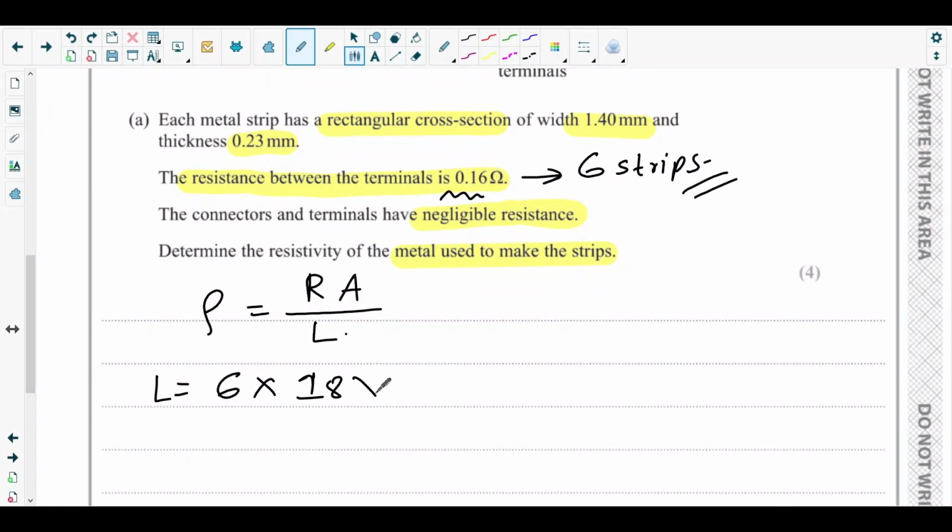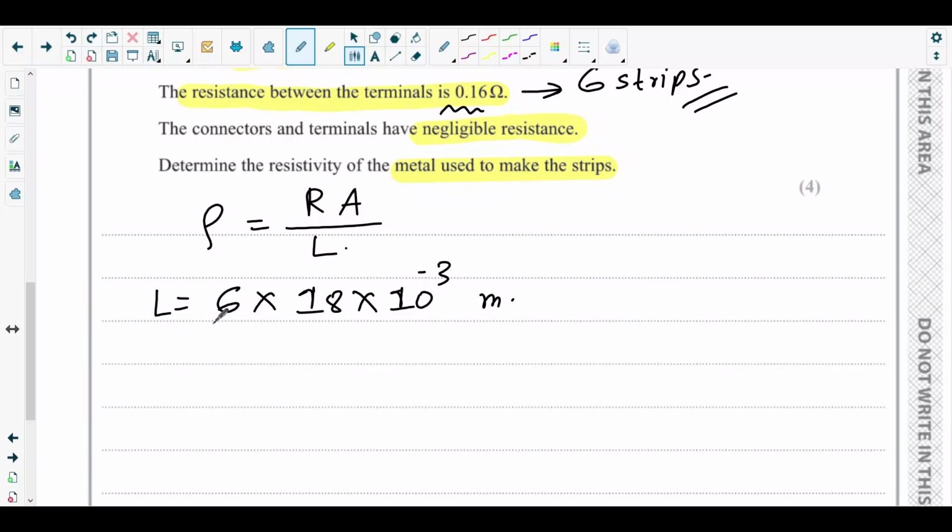So 6 times 18 times 10 to the power minus 3 meter. I have converted millimeter to meter by multiplying by 10 to the power minus 3. So 6 times 18 is 108 times 10 to the power minus 3 meter. We got the length.